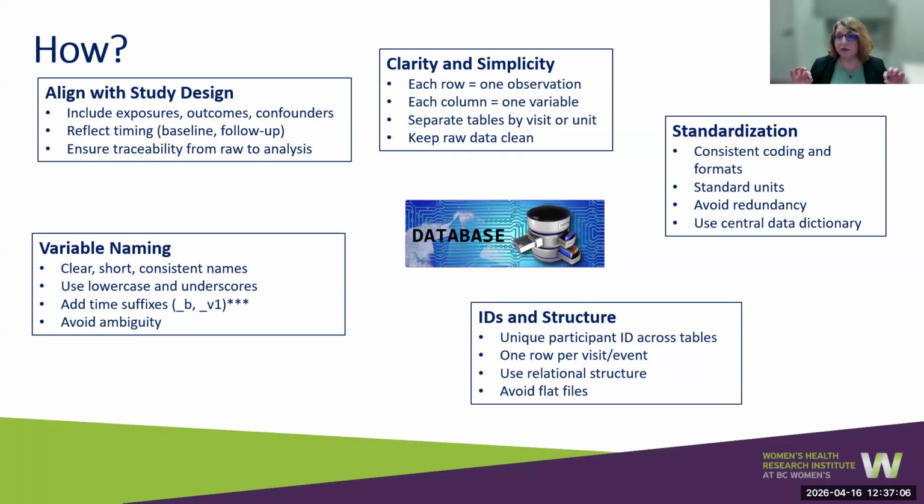You need to think of standards for how you will code your variables and what units you're going to use. For example, it's classic for surveys: if you're recording weight and height in inches or kilograms, you need to set boundaries for those questions so as not to enter invalid information.